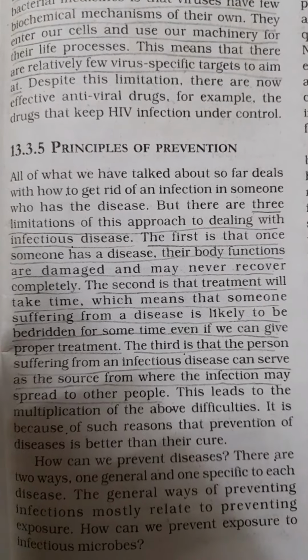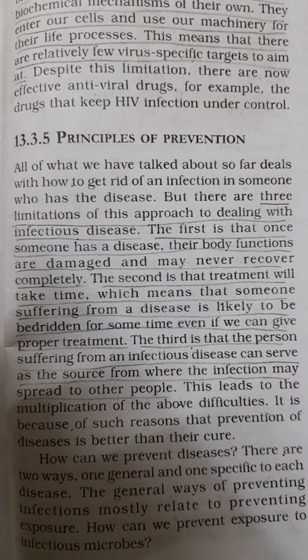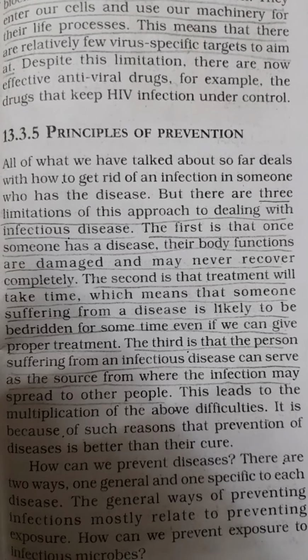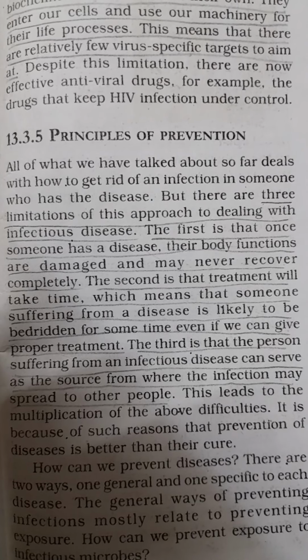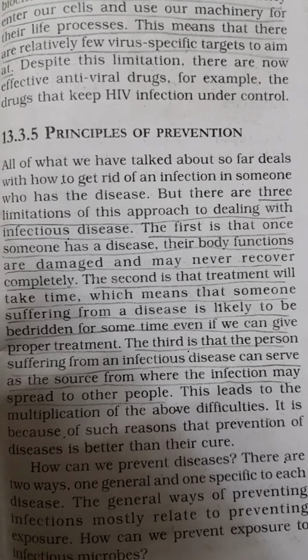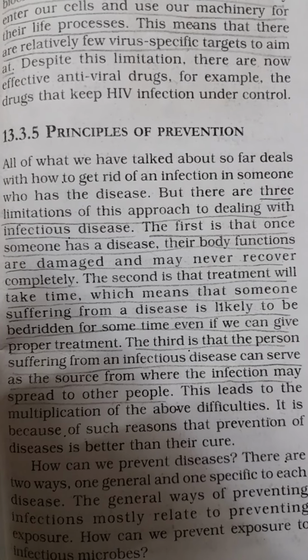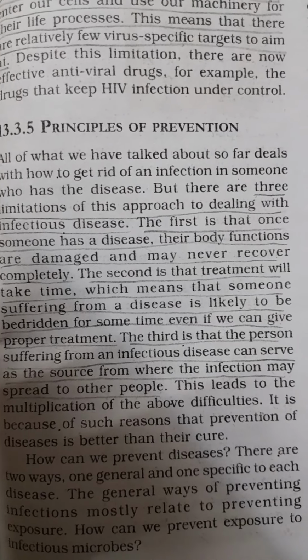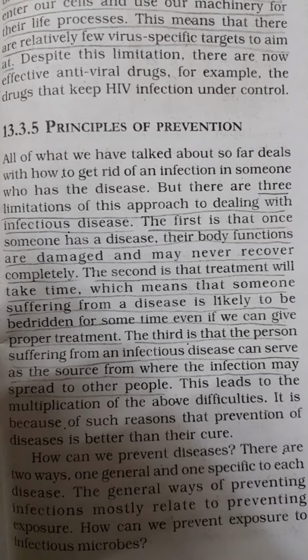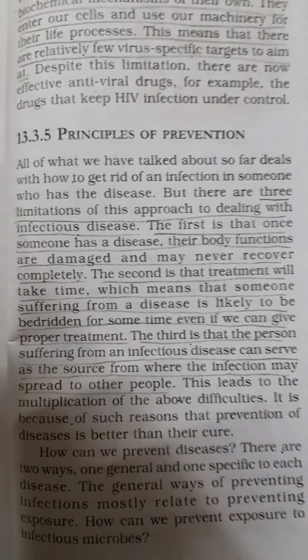Now we will see the principles of prevention. There are certain limitations when dealing with infectious diseases. The first is that when someone has a disease, their body functions are damaged and they may never recover completely. The second is that the treatment will take time, which means someone suffering from a disease is likely to be bedridden for some time, even if we can give the proper treatment.